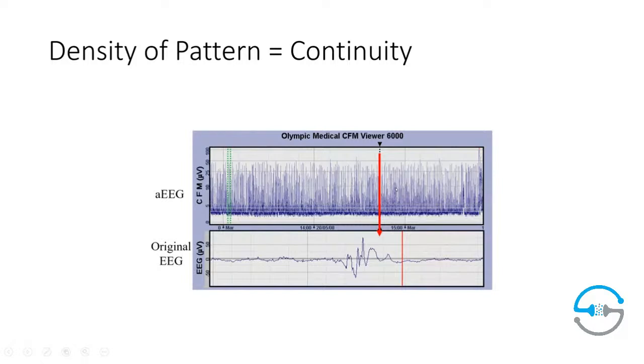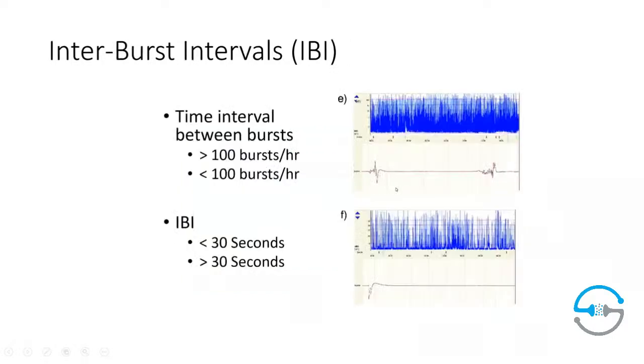So the density is really important. And so we measure this on monitors. Some monitors can count the bursts. And if they can count the burst, which is defined as voltages greater than 25, then it can count the interburst interval. And so interburst interval is really another way to quantitatively define the continuousness or the continuity of the activity of the brain.